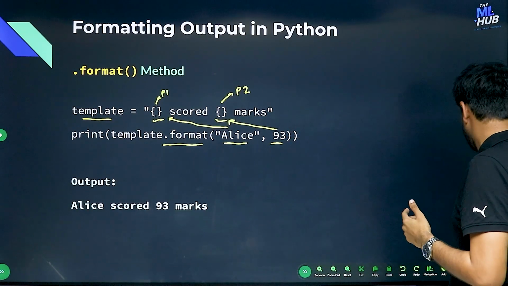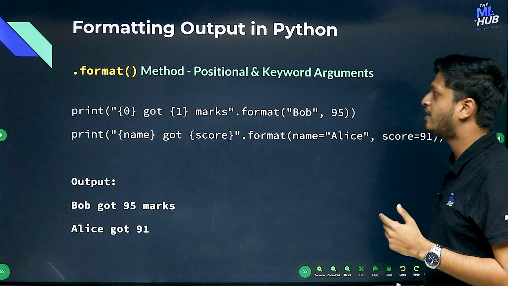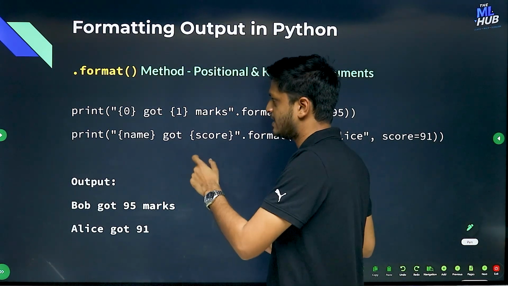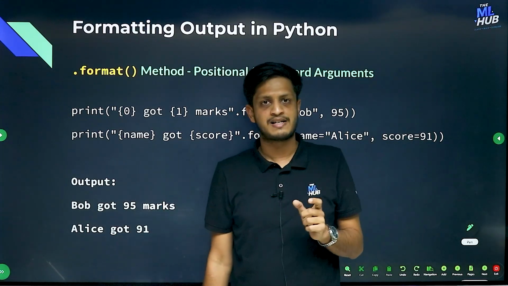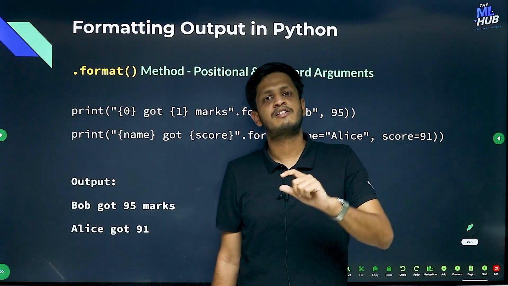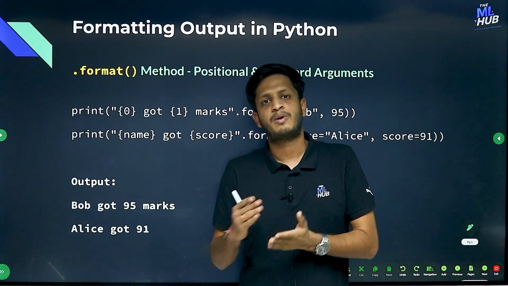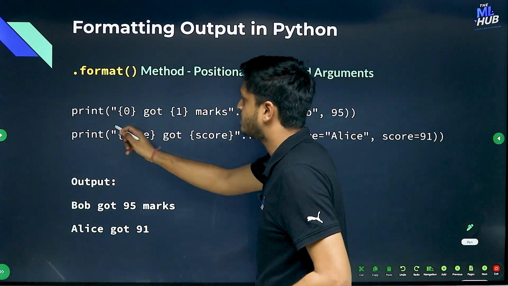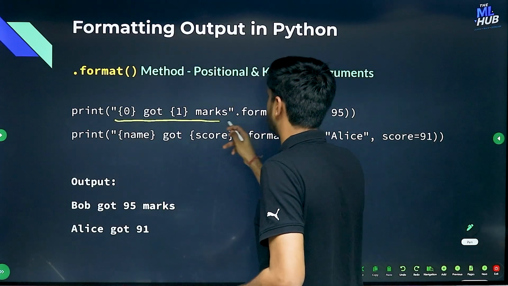To do that, we can have positional or keyword arguments as well. Python is a zero-indexed language. Okay, so every index starts with 0 in Python. So 0 is the first number in Python and then 1, 2, 3 and so on, right? So here this is our string, this is our template.